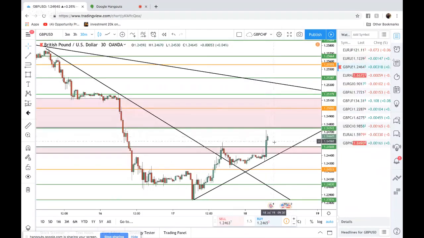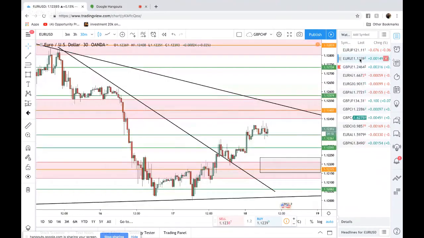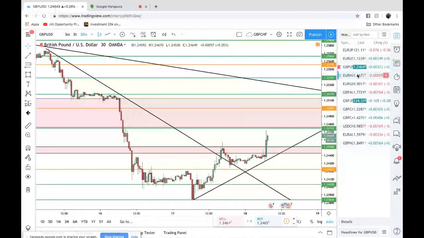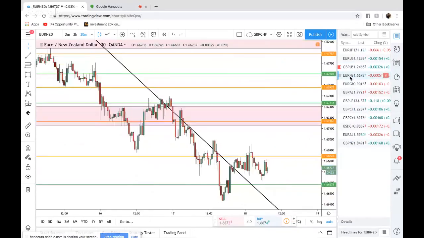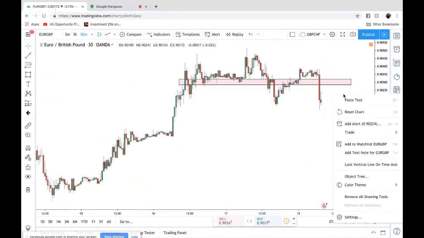So maybe that GU would have that opportunity to retrace like we were looking for before kicking it up higher. So it's just a matter of being patient, which is perfectly fine. That's the key to trading, the key to what we're going to be looking for. Me personally, I might think, hey, this GU might hit this level, this zone, then want to pull back. So it's just a matter of identifying, hey, where's the best opportunity to get in and get out of a trade or look for a setup, right?